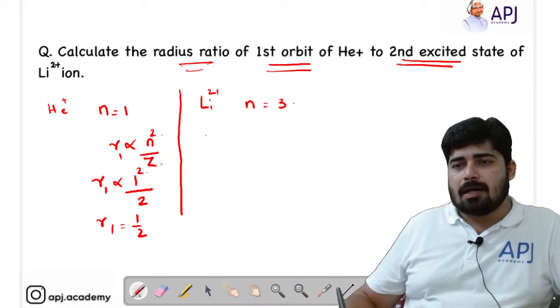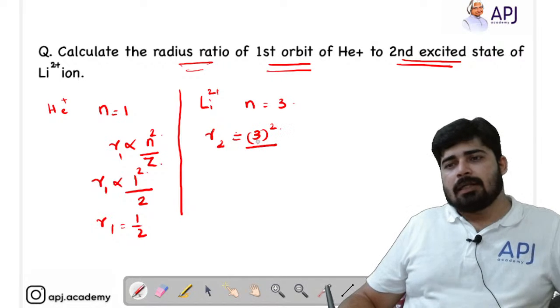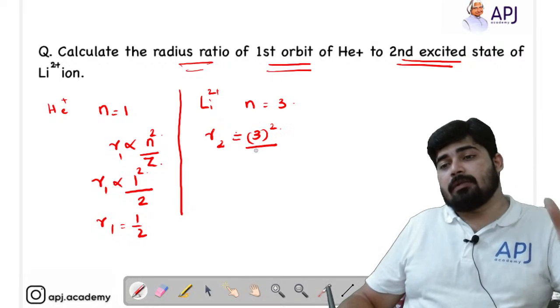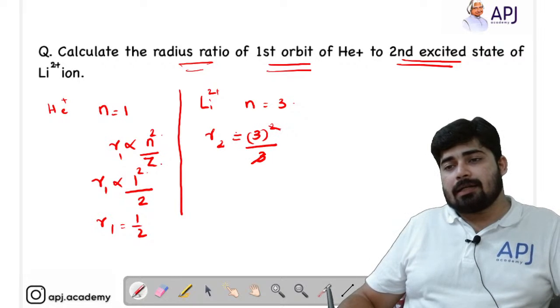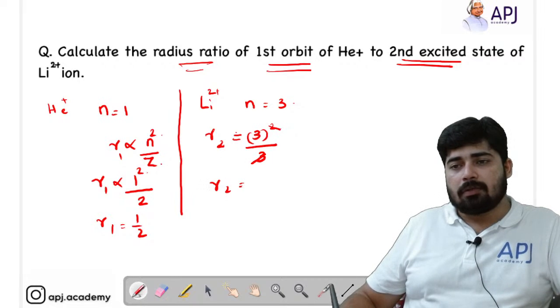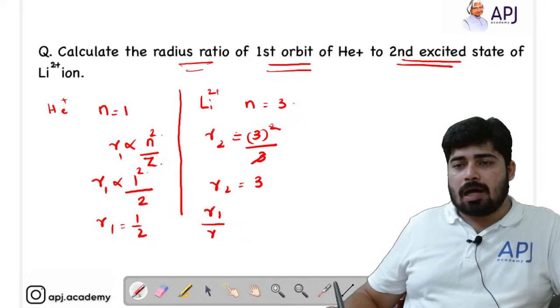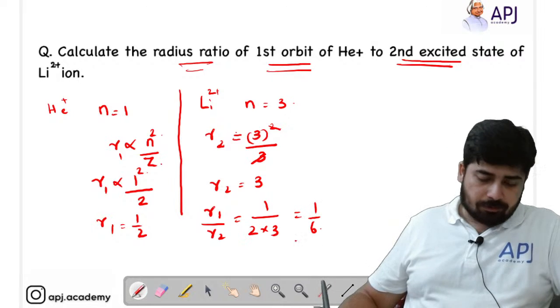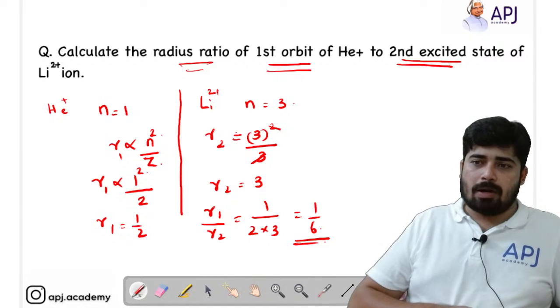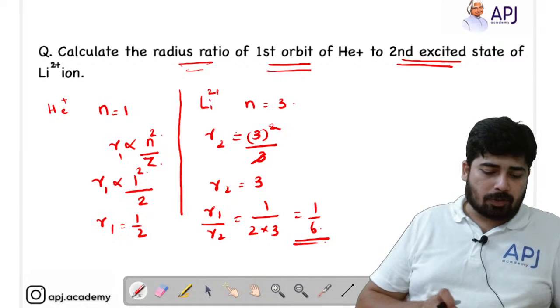Now take r2, that is n square, n is 3, so 3 square by the atomic number of lithium, which is 3. We can cancel a 3 here, so r2 will be equal to 3. So what will be r1 by r2? r1 by r2 is equal to 1 by 2 into 3, that is equal to 1 by 6. So the answer is 1 by 6. Hope this is clear, students.